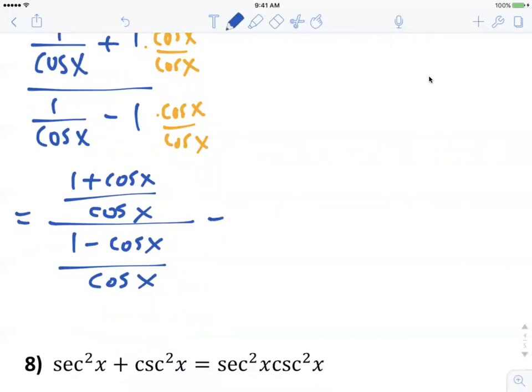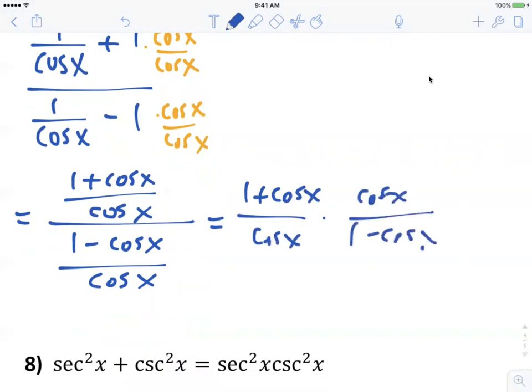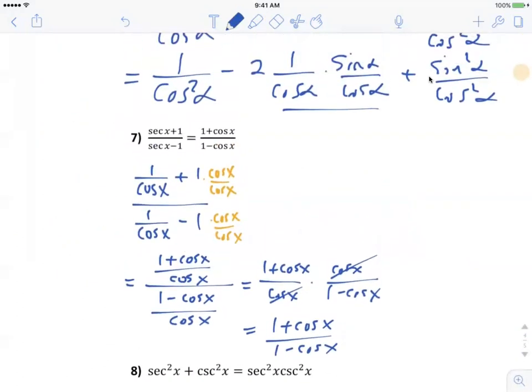Now I'm going to invert and multiply, right? So the top is going to stay the same, 1 plus cosine over cosine, and I'm going to multiply by the reciprocal of the denominator. Right. And voila, the cosines cancel, and I've got what I'm supposed to get, 1 plus cosine over 1 minus cosine, written as one fraction.